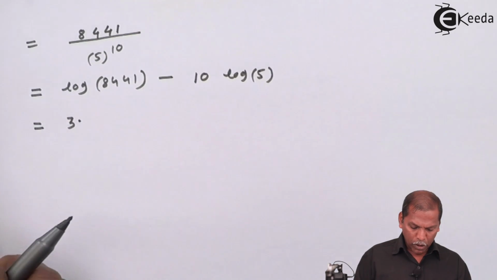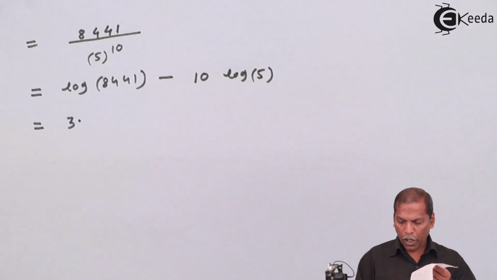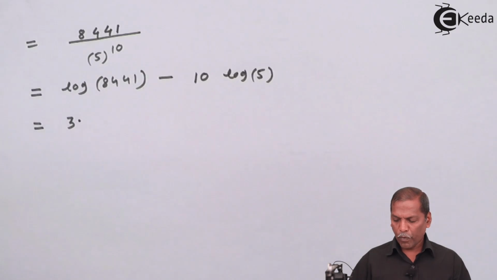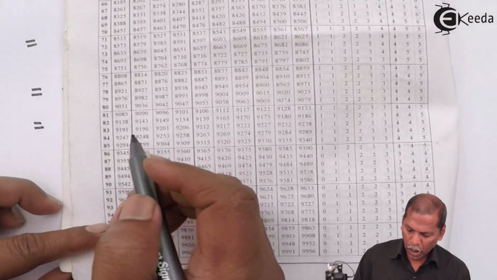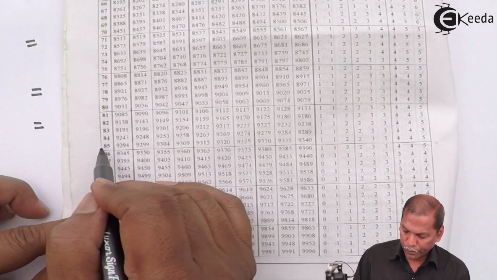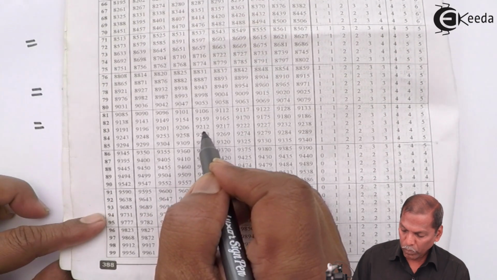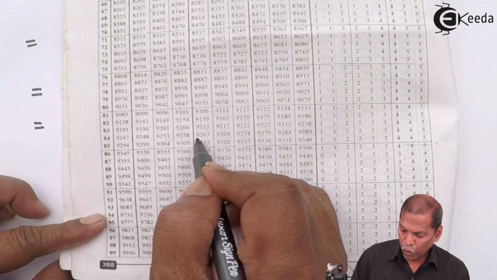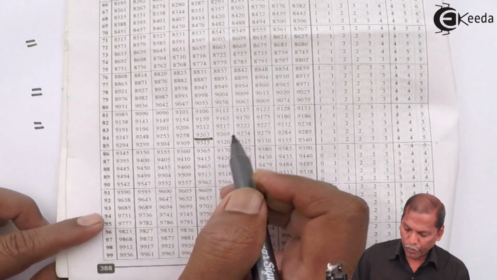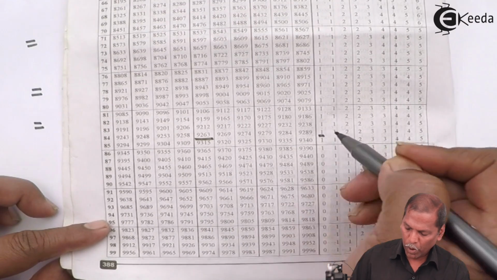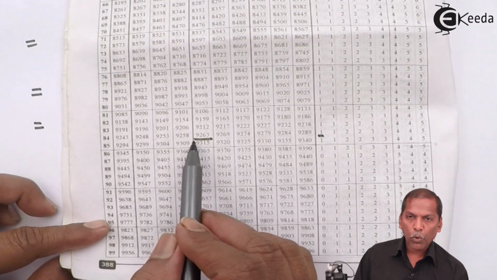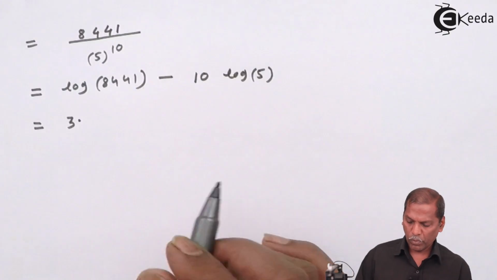Now in the logarithm table we see 84 under 4 and mean difference 1. That 84 under 4 gives 9263 and mean difference 1, so that gives 1. So total 9264.